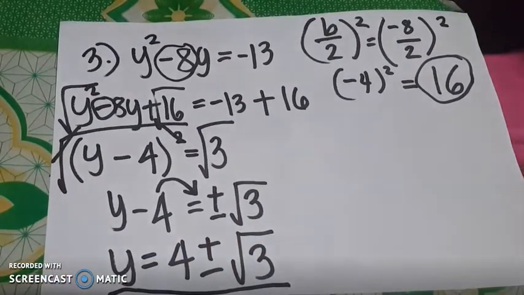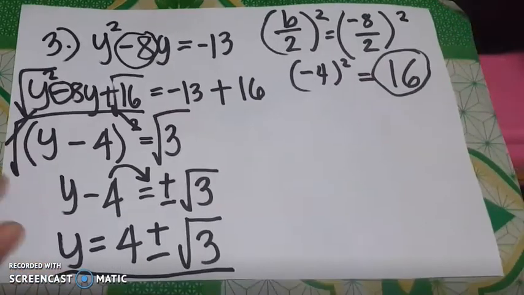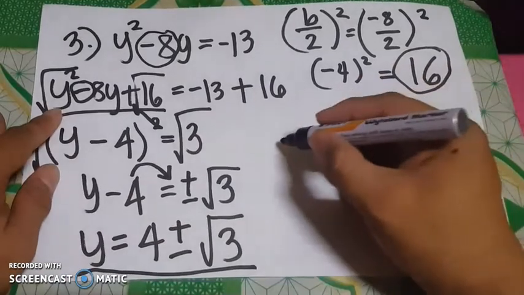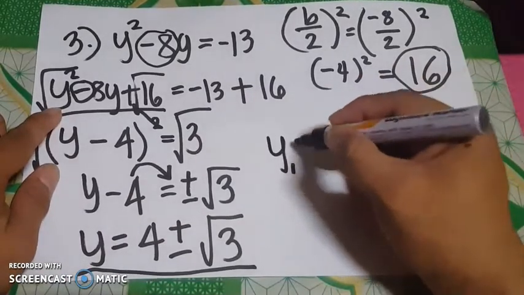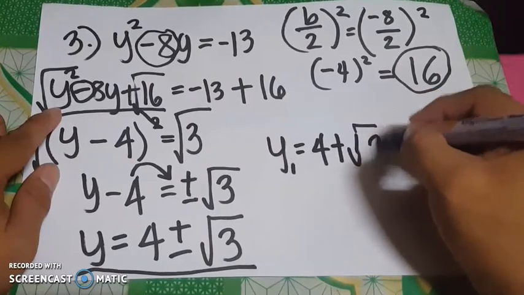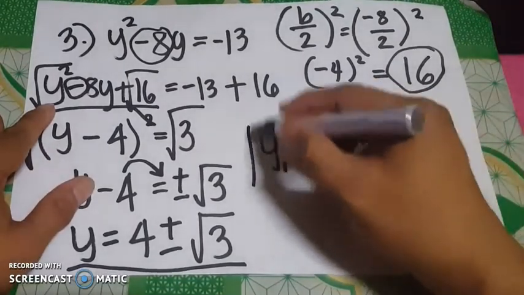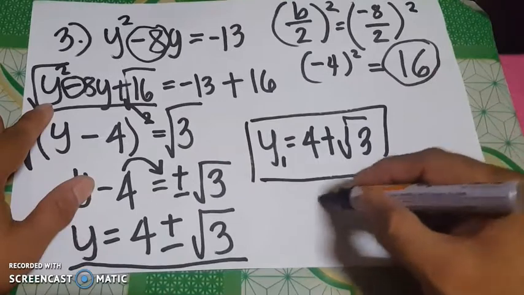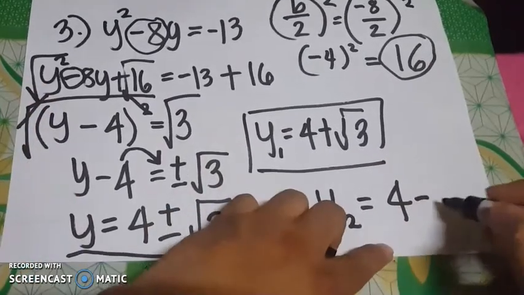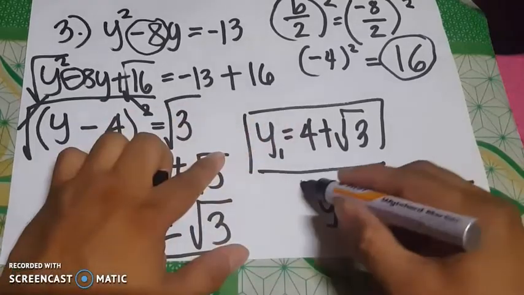Since we say there are two solutions to a given quadratic equation, let's separate the two. So first solution, or y sub 1, is equal to 4 plus square root of 3. Then the other one is y sub 2, which is equal to 4 minus square root of 3.